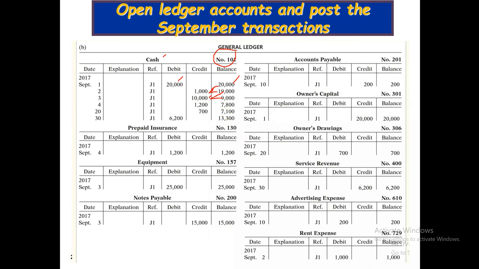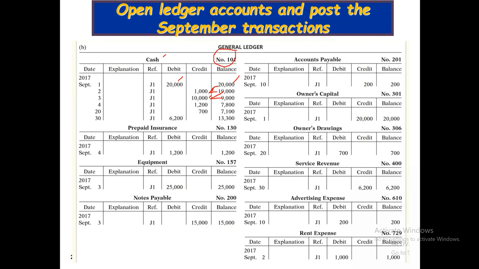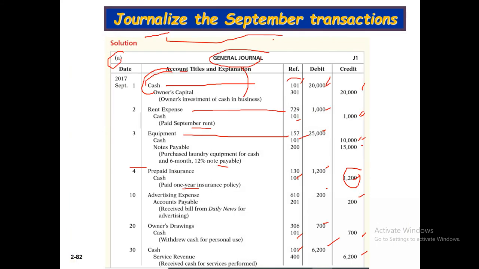So next, our cash 1,200, this is credit. So 1,200 must be subtracted from this amount, and we are getting 7,800. And then our cash, this one subtracted, and this one our addition figure, that means this is debit.